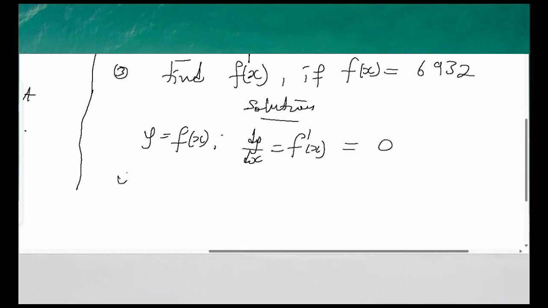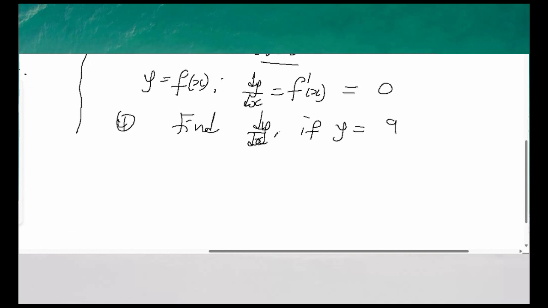Alright, so find dy/dx if y is equal to 9.